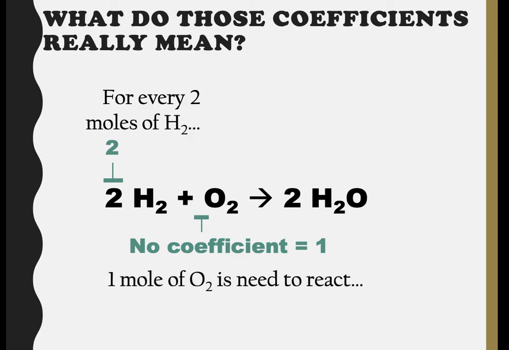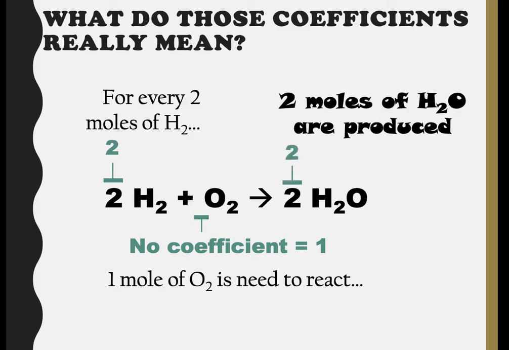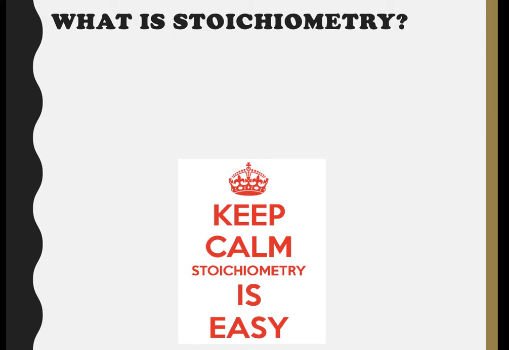And that's going to give us 2 water molecules. So those coefficients are much more, you can think of it as a recipe, it tells us how these things come together. That's supposed to say 2 moles of water, glitch. Okay. And so we can use that to our advantage to figure out some other math, which is also fun.